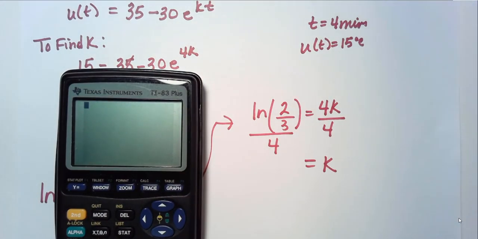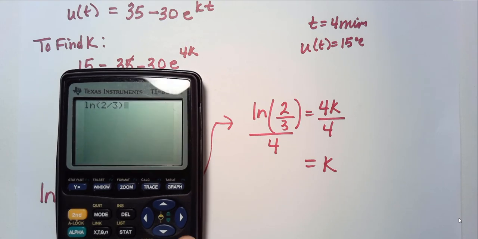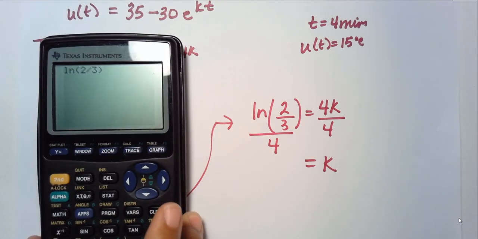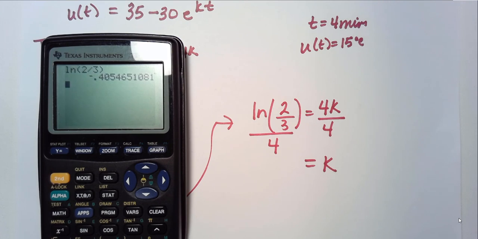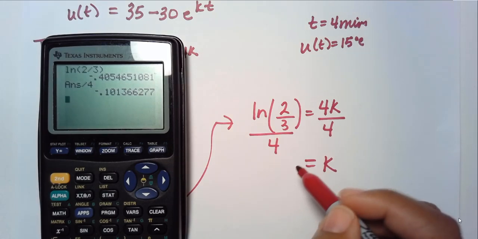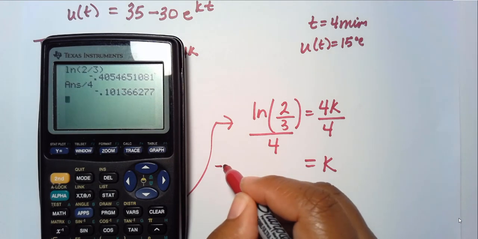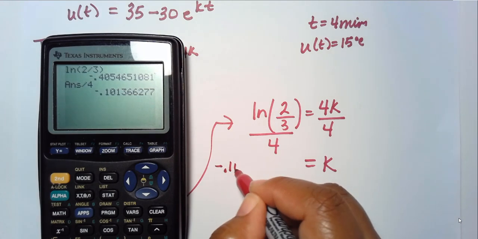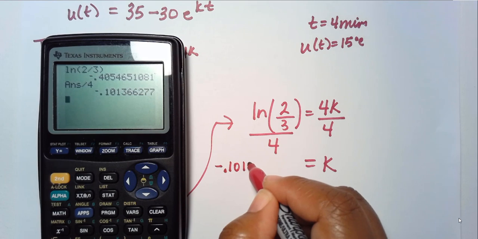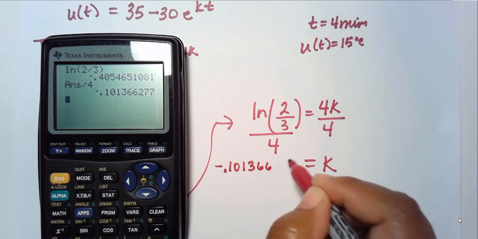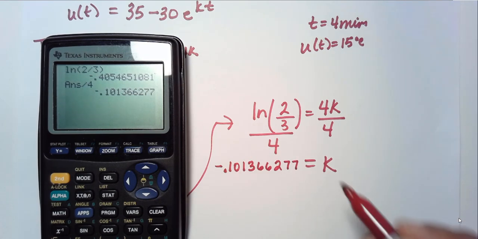Let's plug this into the calculator. Let's do ln of 2 divided by 3. I'm going to press enter, then divide by 4, and we see what we have for k: negative 0.101366277.